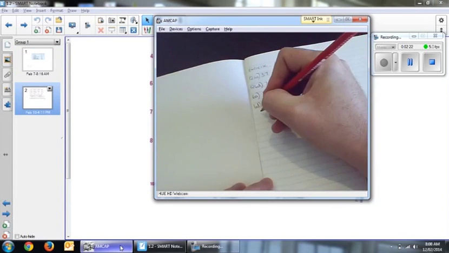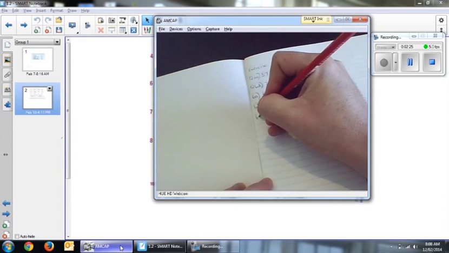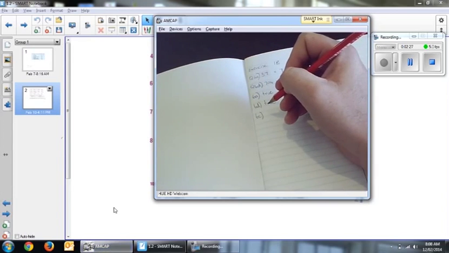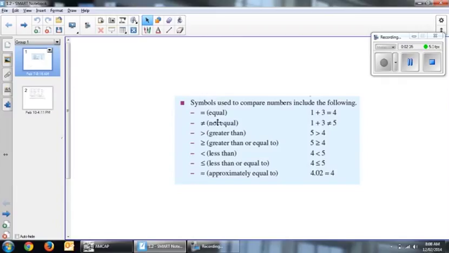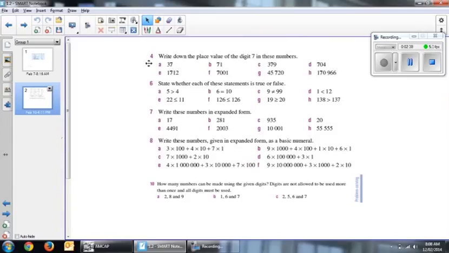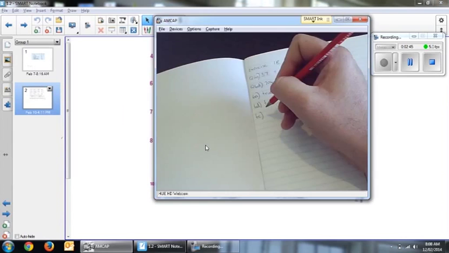Let's have a look at a different one, 6C. 6C says 9, and there's a symbol. You might not know that symbol, so go back to the key ideas: not equal, that's what that one means. 9 is not equal to 99, well that is true also, so we can write down true in our book.